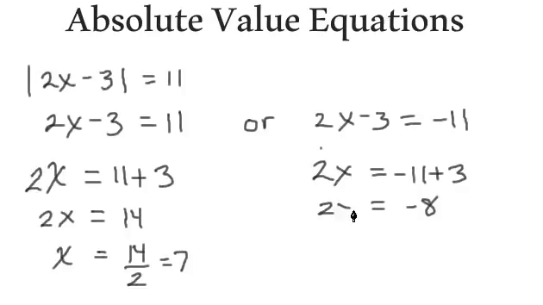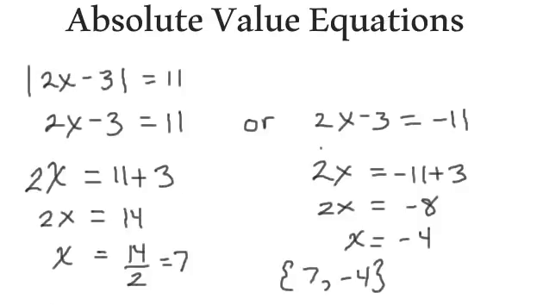And so we have 2x is equal to negative 8. So we multiply both sides by a half, and we get x is equal to negative 4. So our solution set is going to be 7 and negative 4. These are the solutions to our original equation up here.